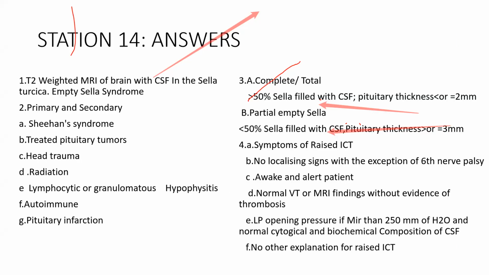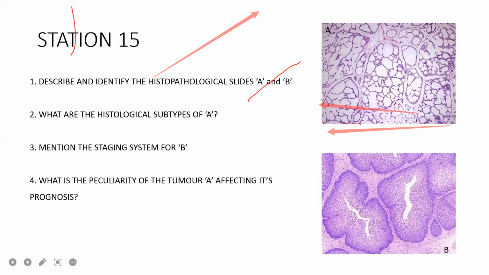In secondary, there should be some cause, like the pituitary has undergone atrophy due to many reasons, like Sheehan syndrome, that is postpartum pituitary apoplexy, then following pituitary tumor surgeries, head trauma, radiation and so on.